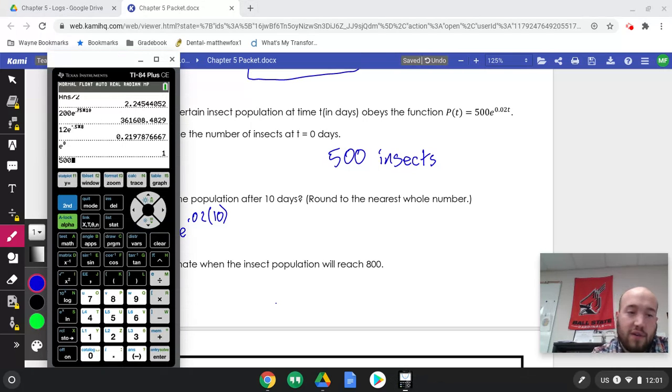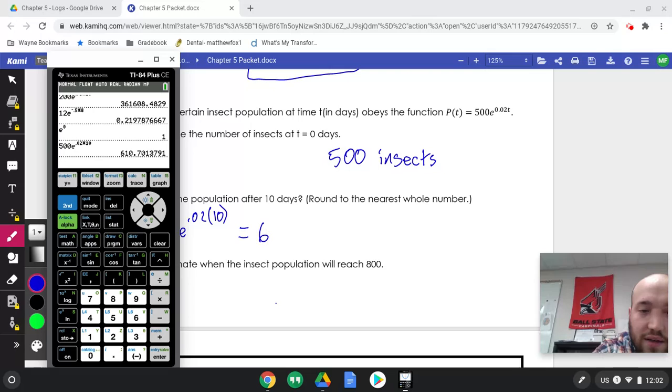So 500 and e to 0.02 times 10, and we will get 610.7. Now it says to round to the nearest whole number. So let's go ahead and round that up to 611. And that is 611 insects.